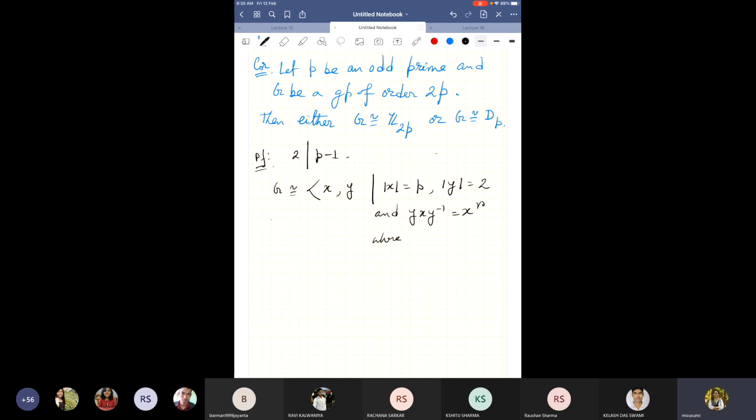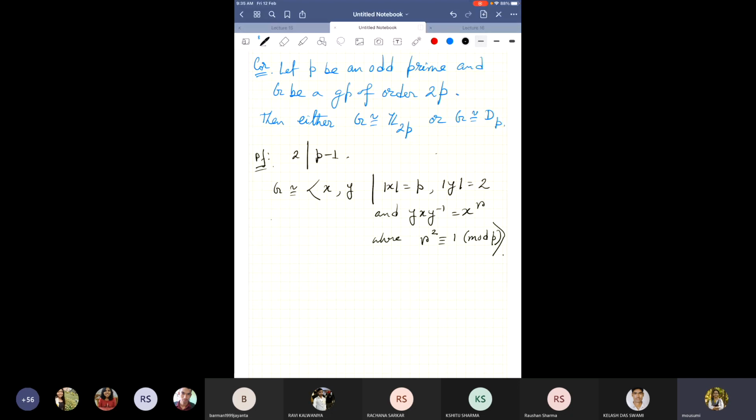What will be the condition on r? r square should be congruent to 1 mod p, right? Okay.